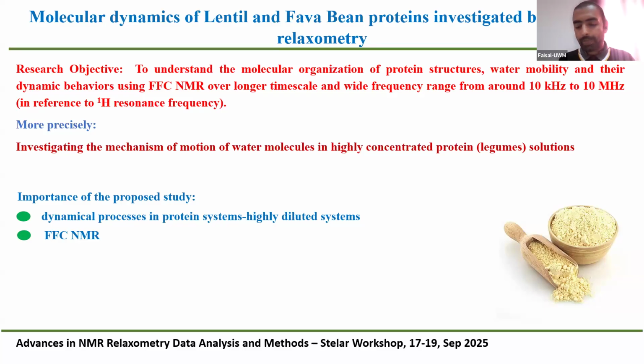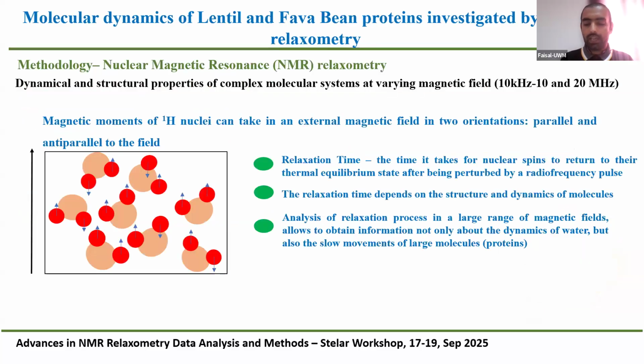So before going to the results, I would like to present the methodology and the principle behind NMR relaxometry. As Professor Danuta already discussed, the biomolecules and the water molecules include hydrogen atoms. The magnetic moments of these 1H nuclei can take two orientations in an external magnetic field.